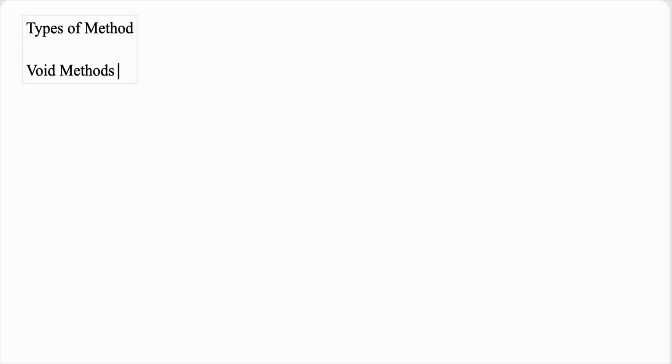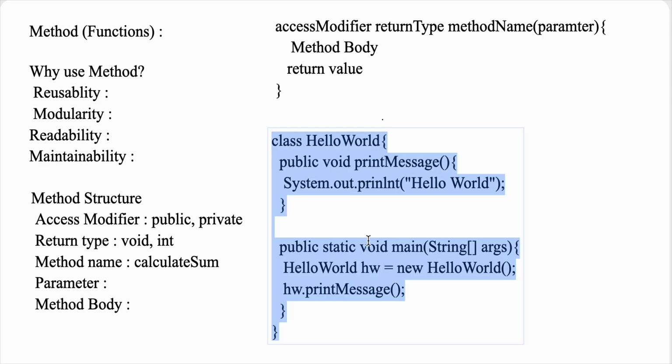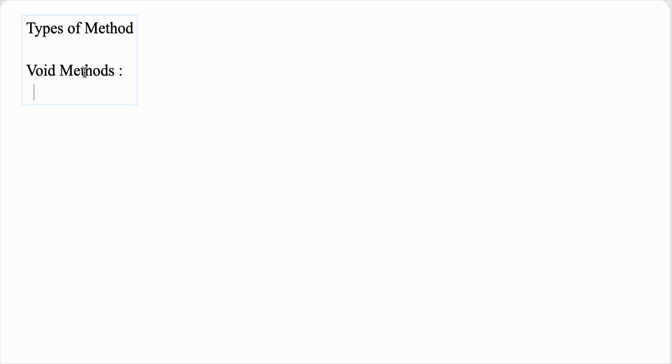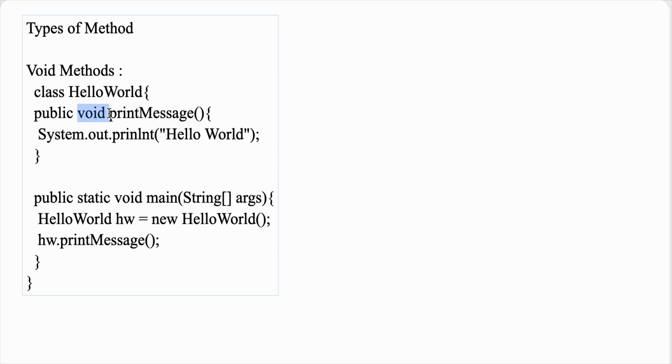Void methods perform an action but do not return any value. For the example, we have already created this one, I can paste it here. Here we have given void, and there is no return value, so this is called a void method.